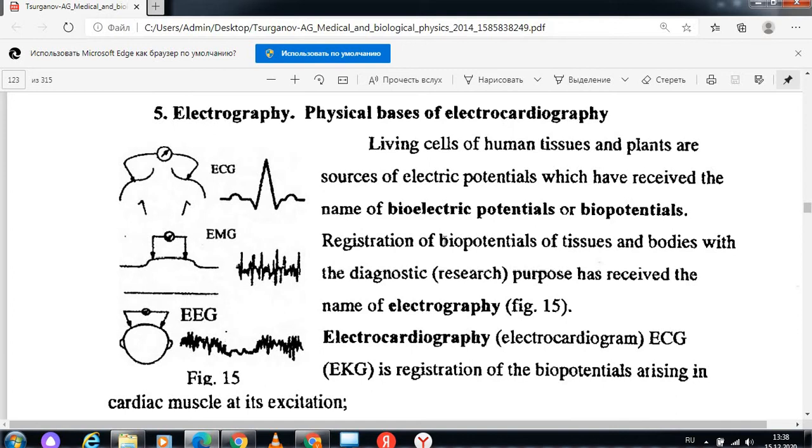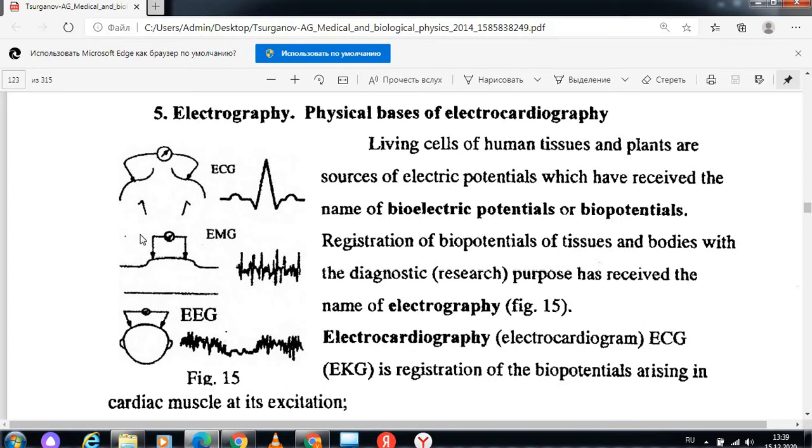All living cells of human tissues and plants are sources of electric potentials, called bioelectric potentials or biopotentials. The registration of biopotentials of tissues and bodies for diagnostic or research purposes is called electrocardiography, or the electrocardiogram, like on figure 15.